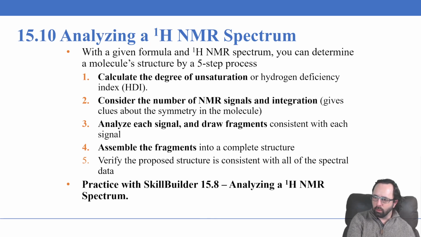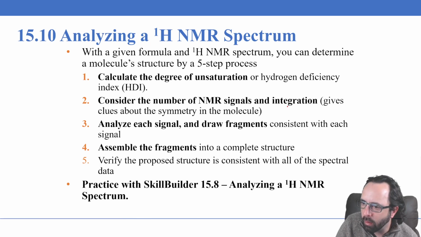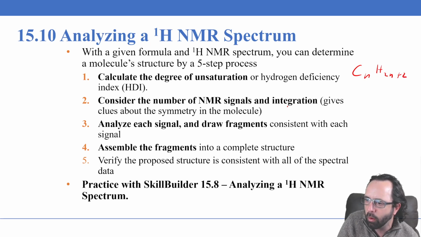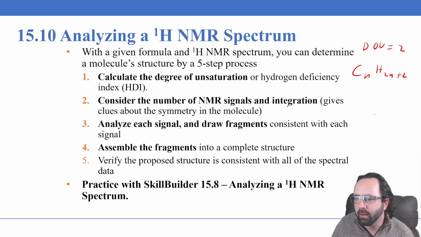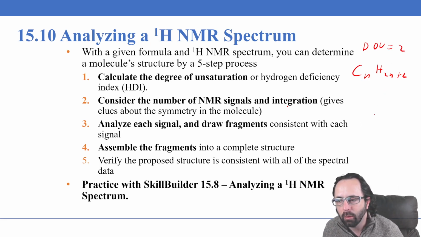Remember that a molecule that has hydrogens equal to twice the number of carbons plus 2 is considered completely saturated, and it has a DOU of 0. For every 2 fewer hydrogens we have, we get a DOU of 1.